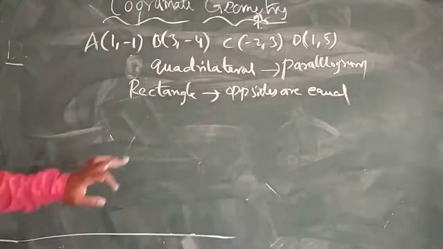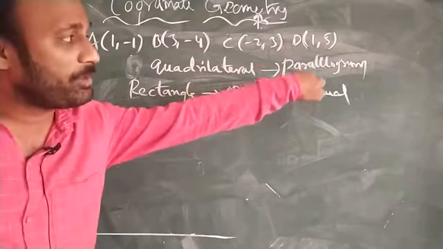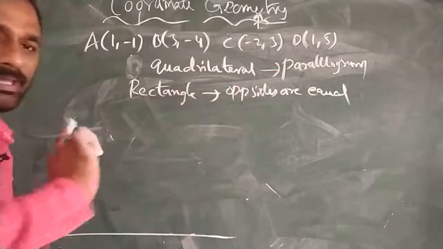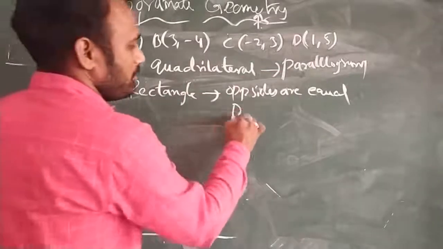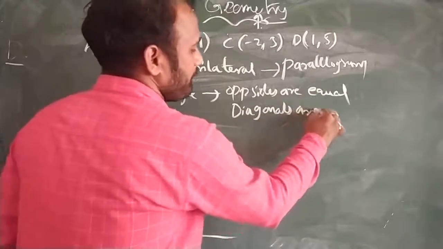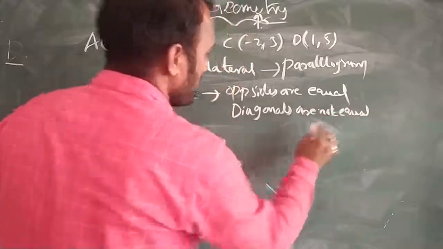Understand the difference between the parallelogram and rectangle. In a rectangle, opposite sides are equal. In a parallelogram also opposite sides are equal. But in a rectangle, diagonals will not be equal. So, diagonals are not equal.